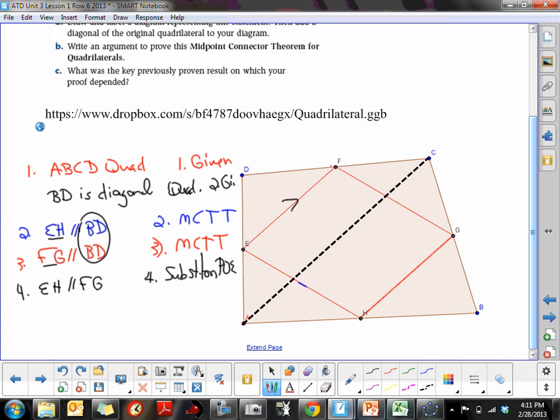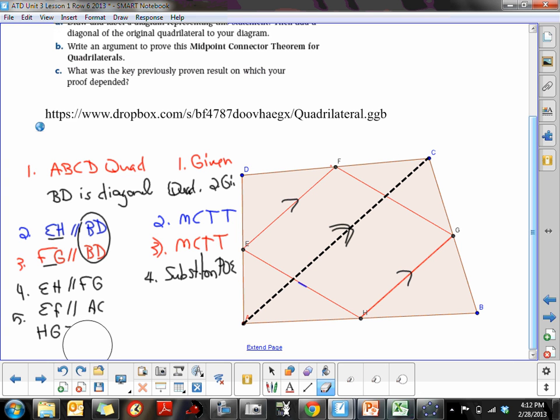So now I know that EF is parallel to AC, and I know that HG is parallel to AC by the midpoint connector theorem. So in step 5, I know that EF is parallel to AC, and I also know, I'm going to write it in the same step, that HG is parallel to AC as well. And that is through the midpoint connector theorem of triangles.